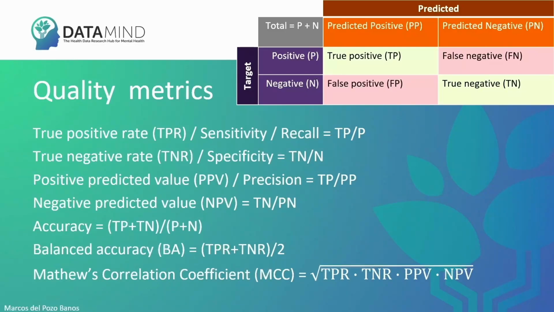But again, remember that one of the characteristics of this type of data is that it's going to be highly imbalanced. We're going to have way more samples that belong to the negative class than samples that belong to the positive class. So using accuracy in this scenario is not a good idea, because in the extreme, let's imagine that we have 100 samples in total, 99 of them are negative, one of them is positive.